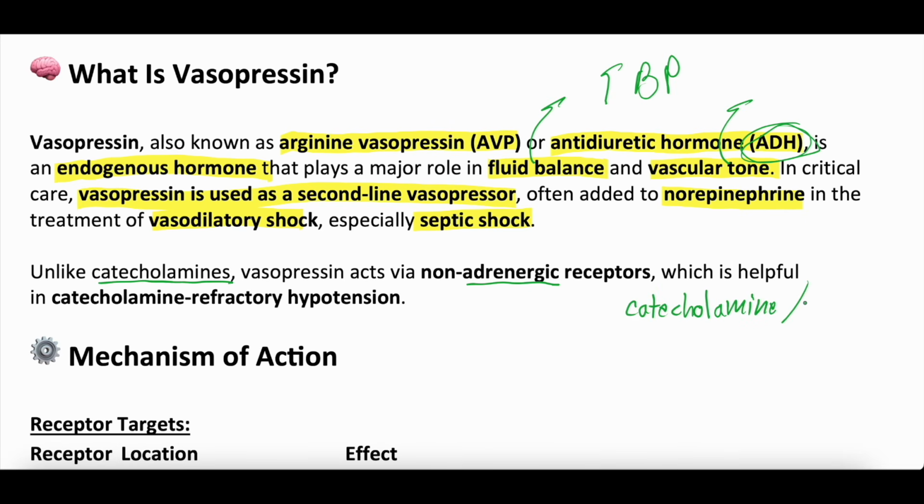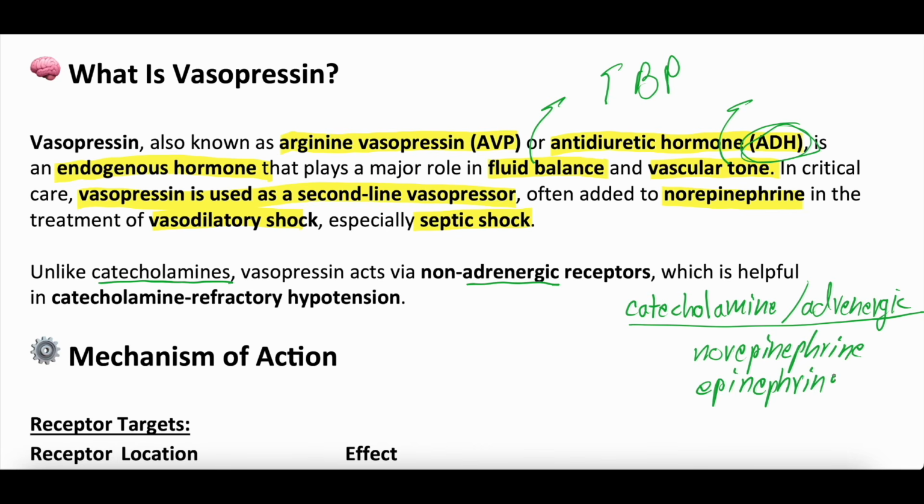This is also known as adrenergic, okay? And these are a lot of the vasopressors that are first line, right? Things like norepinephrine, epinephrine, phenylephrine. All these are catecholaminergic or adrenergic vasopressors. Their mechanism of action uses catecholamines.